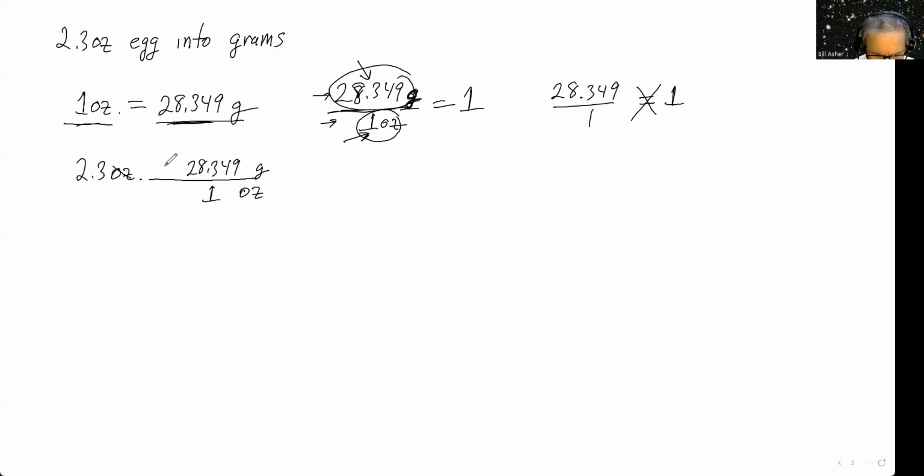And so these units, these labels here, the dimensions, carry through in our calculations. So when we bring them down here, this thing here is going to cancel out this thing here, right? So when I multiply 2.3 times that, I come up with 65 grams, or in scientific notation, 6.5 times 10 to the first, where there are 2 digits of precision here because I only have 2 digits of precision there.